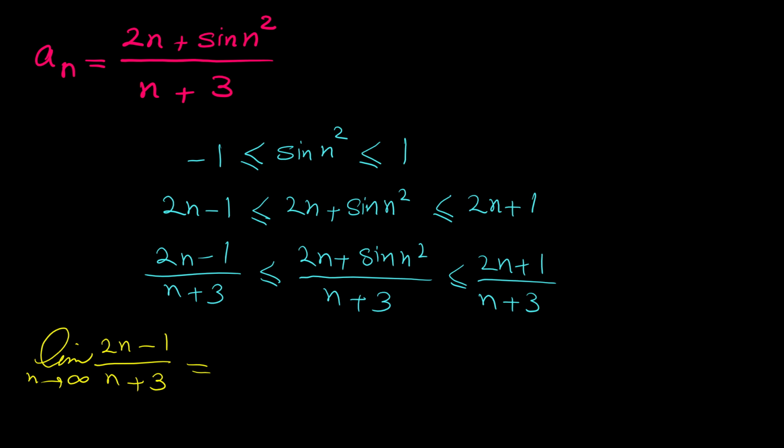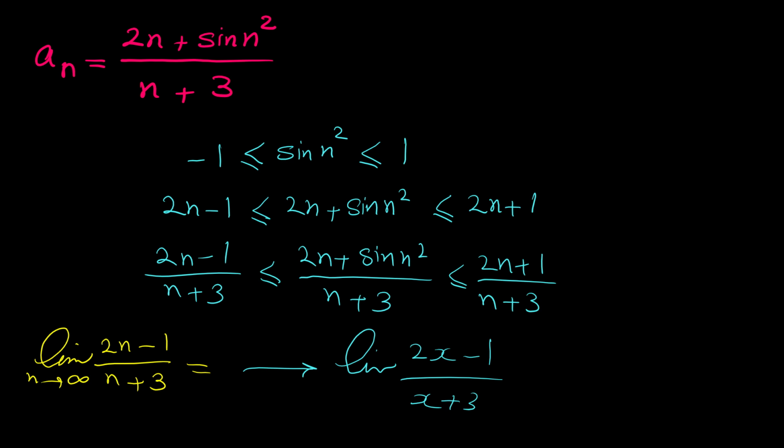Another way for finding this limit is using L'Hopital's rule. And to use L'Hopital's rule, first it's good to write this in the form of 2x minus 1 over x plus 3. Change the name of the variable from n to x, then take the derivative. It is completely wrong to take the derivative with respect to n. We know that in a sequence n is an integer.